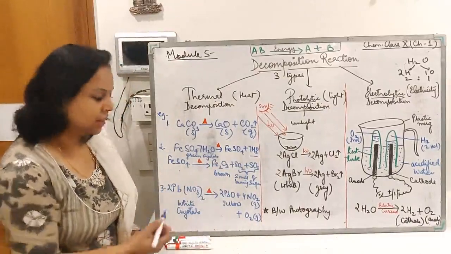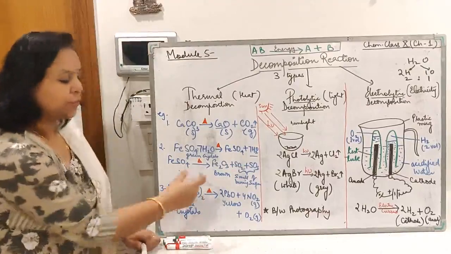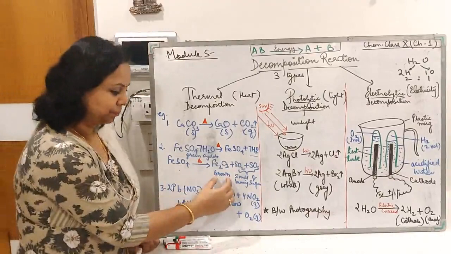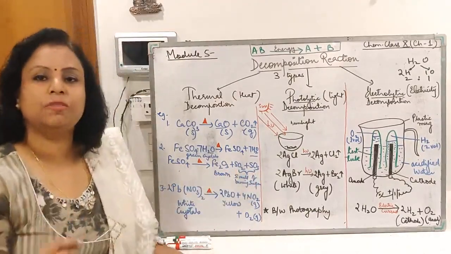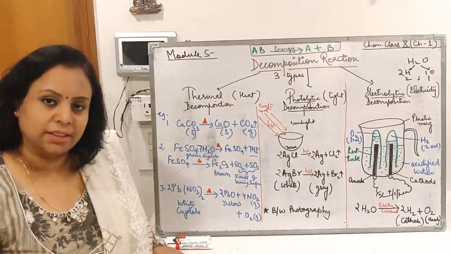when it is further heated, again the red symbol shows the heat, it breaks down into iron oxide and a mixture of gases, sulfur dioxide and trioxide.